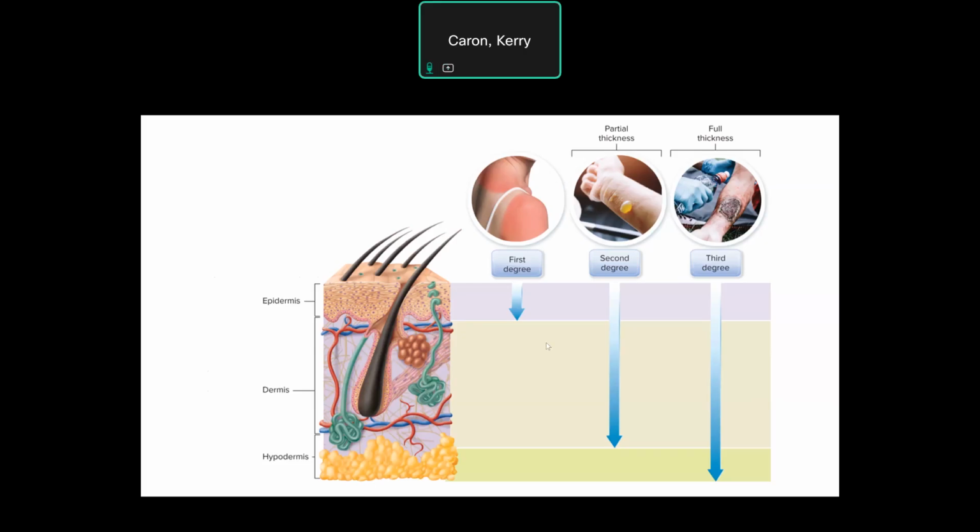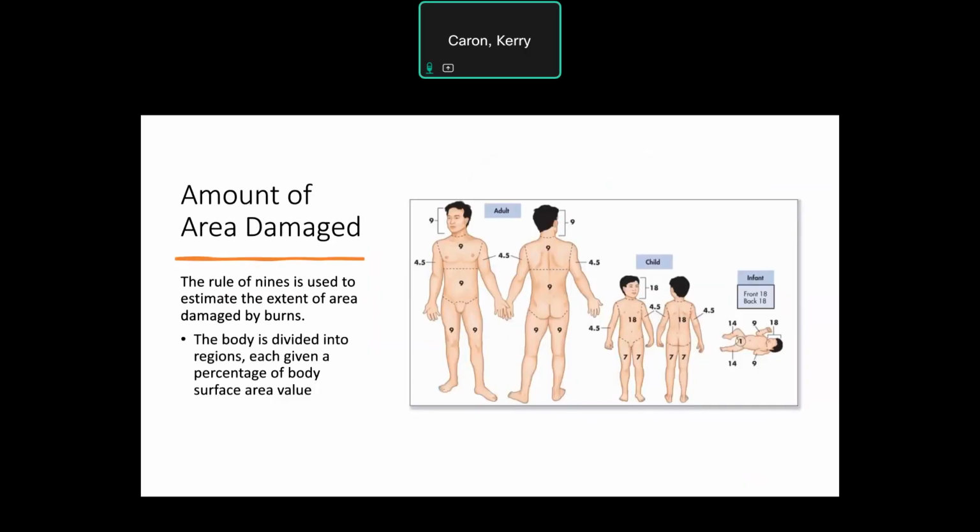Here's another good visual of how deep these burns are. So this would be epidermal, like a sunburn, dermal and epidermal, and then all the way down, possibly even to the bone as a fourth degree. Now, the amount of the body and the area of the body is important. We call this the rule of nines to estimate when we say someone has a percentage of their body burned.